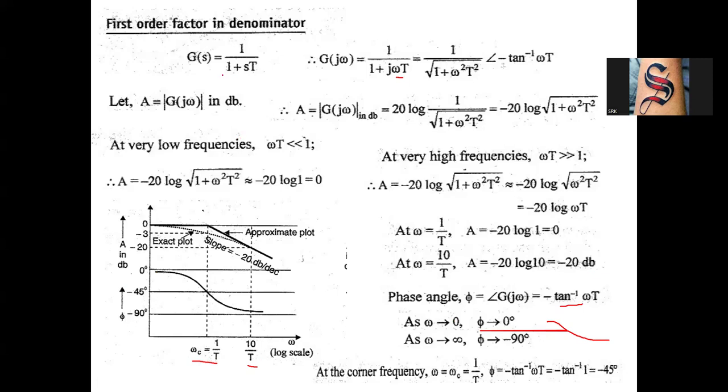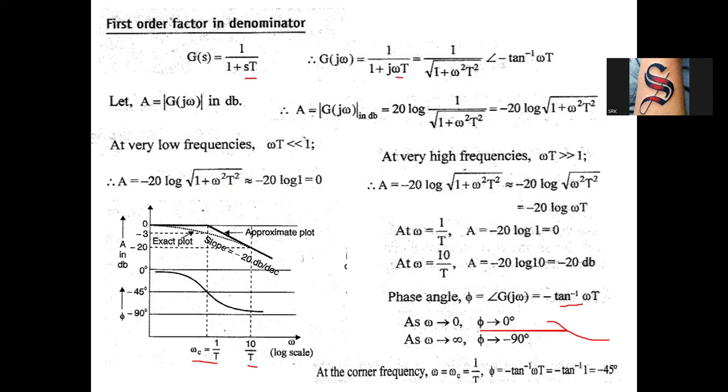This is the standard transfer function, 1 by 1 plus ST. Then the frequency can be obtained from this term: omega equals omega C equals 1 by T. So this 1 by T indicates the corner frequency. For example, if I have 1 by 1 plus 4S, then what is the corner frequency? 1 by 4. That 1 by 4 frequency will separate the low frequency region and the high frequency region.